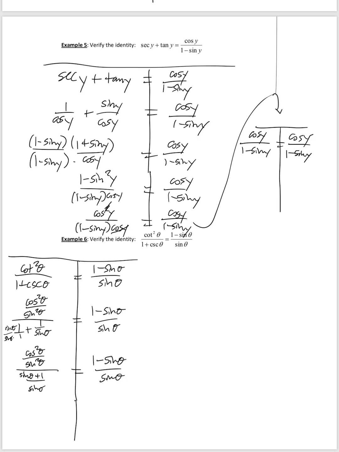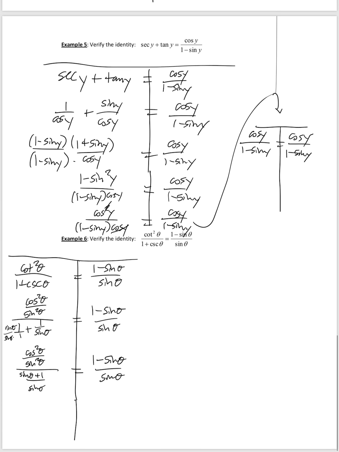And now, this is tricky. Everything else is in terms of sine, except that cosine squared. So I'm going to change cosine squared to be in terms of sine. And I know, by the Pythagorean identity, that's 1 minus sine squared.